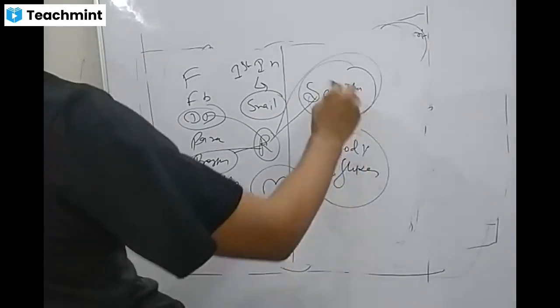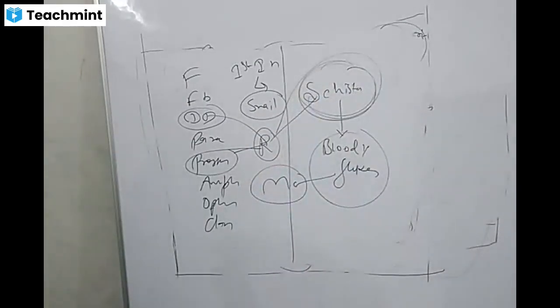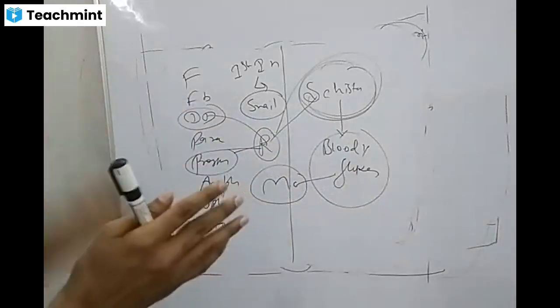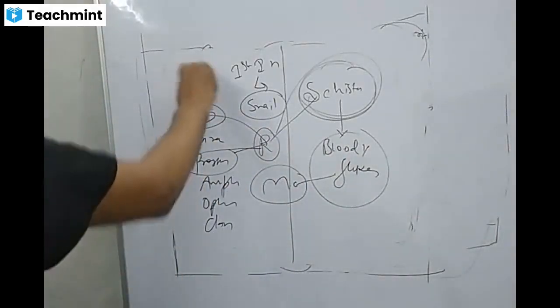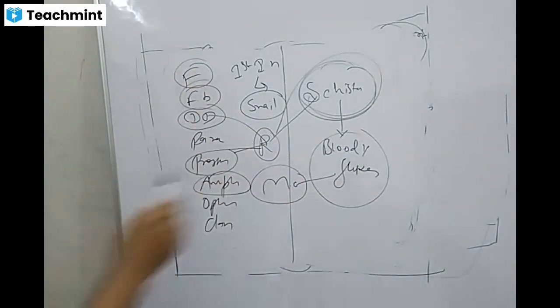Only one, Schistosoma. And in which of the flukes is fresh vegetation, or you can say plant, the second intermediate host? The answer will be Fasciola, Buski, and Amphistome.